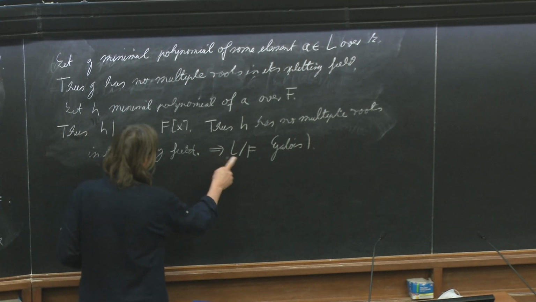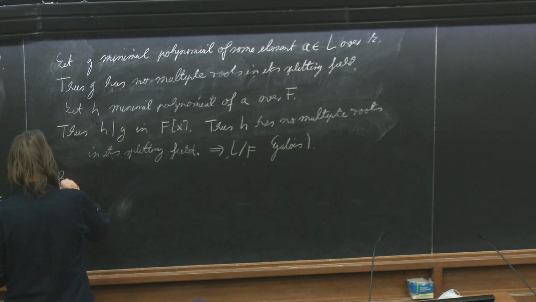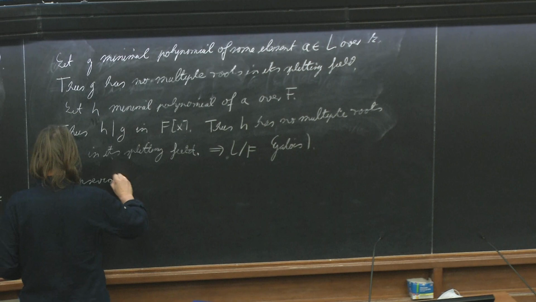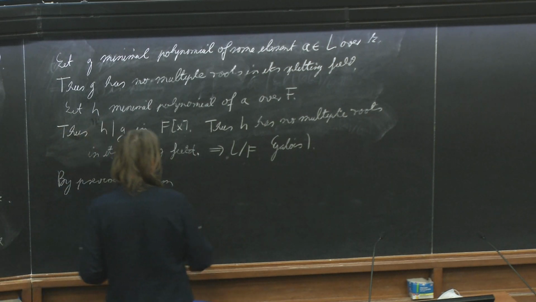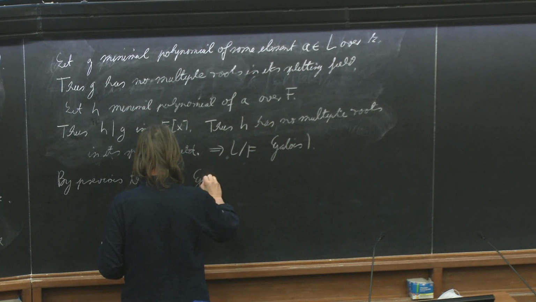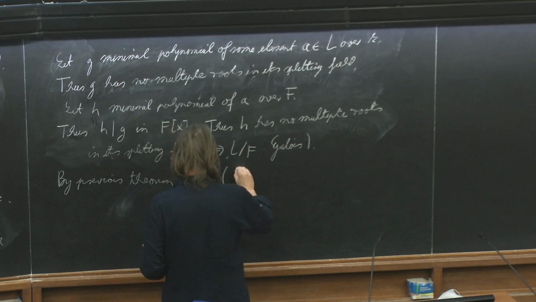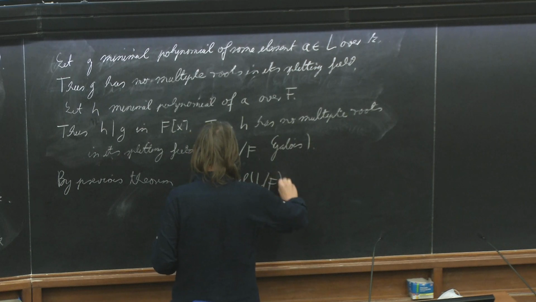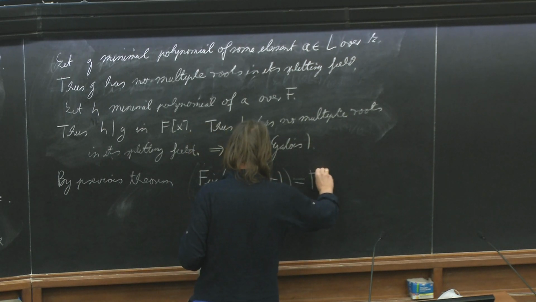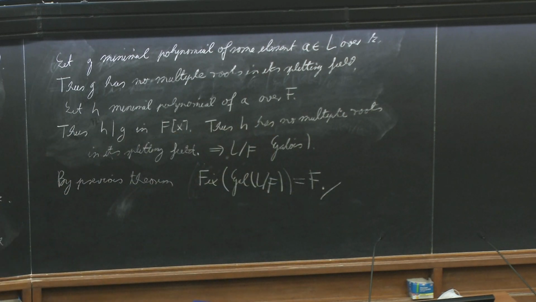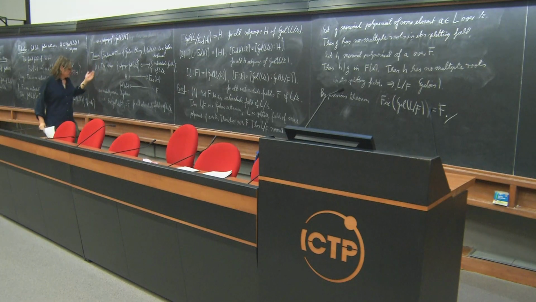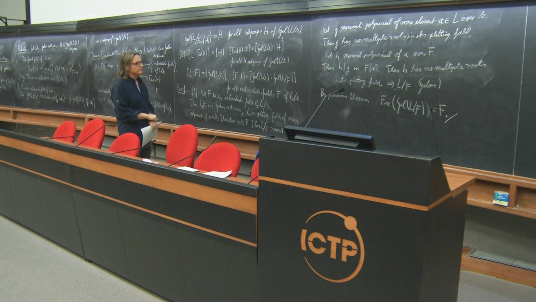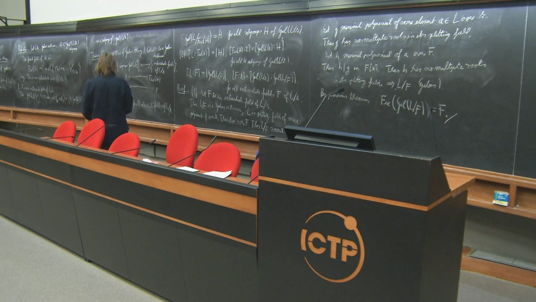Now our Galois extension is L over F, and the fixed field is F. So by the previous theorem, the fixed field of the Galois group of L over F is F. So this was, so to speak, half of the fundamental theorem of Galois theory, and that's why I said that this theorem that we proved before was essentially half of the proof of the fundamental theorem of Galois theory.